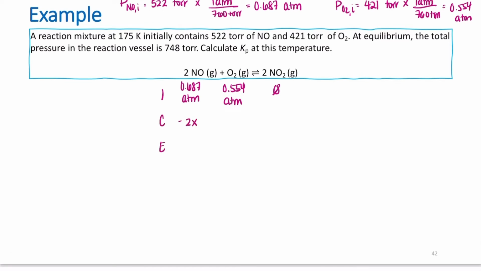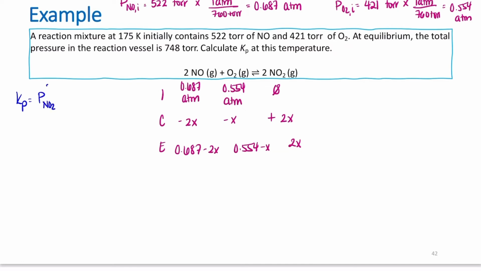2 moles of NO react, so minus 2x, with 1 mole of O2, minus x, and form 2 moles of NO2, plus 2x. At equilibrium, I have 0.687 minus 2x, 0.554 minus x, and 2x. Now, my Kp expression, remember Kp is equal to the partial pressures of these substances at equilibrium.